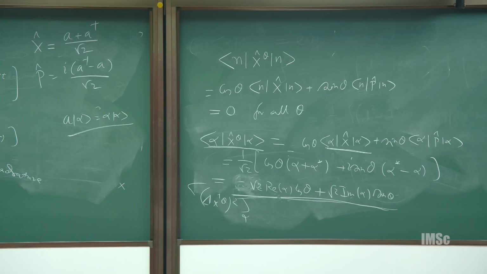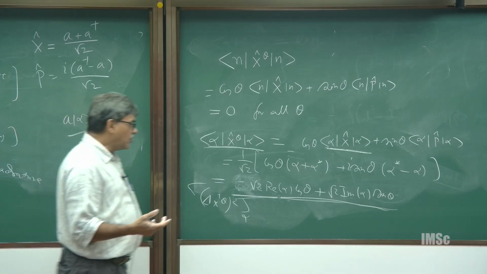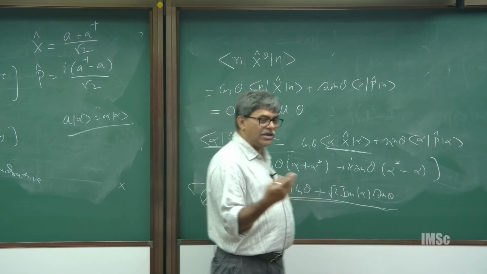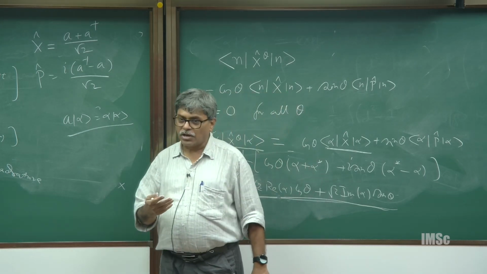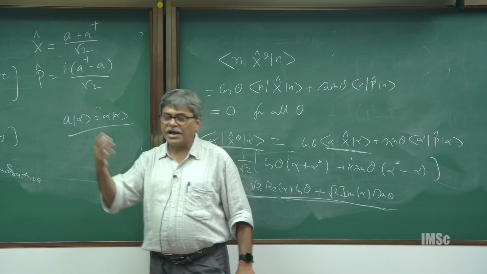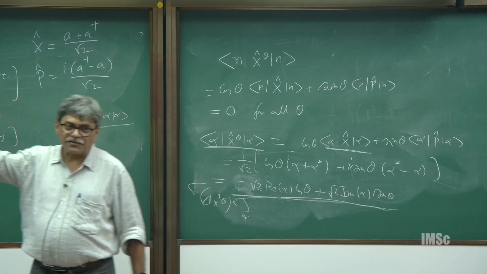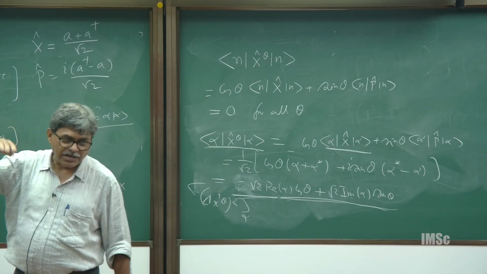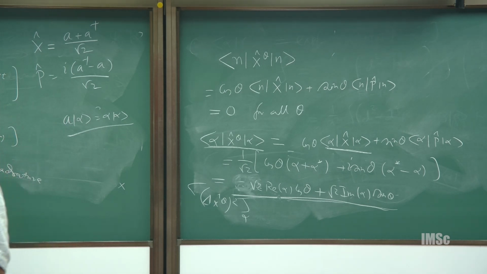So, what we discussed today is basically the relevance of the coherent state basis in order to discuss the classical and non-classical nature of light. Light means states of a continuous variable system, not necessarily light.